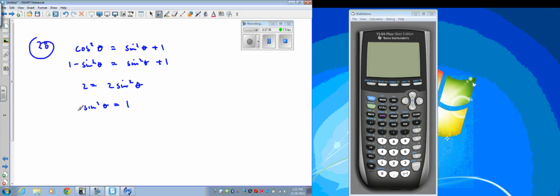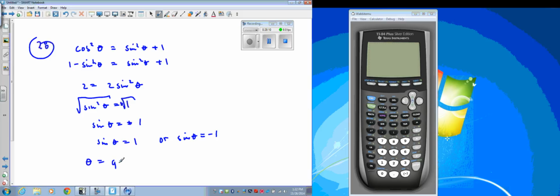And then if you took the square root of both sides, plus or minus, then I'd do sine theta equals plus or minus 1. So you say sine theta equals 1 or sine theta equals minus 1. Where does it equal 1? Okay, 90 degrees. I guess that's the way I'd approach that problem.